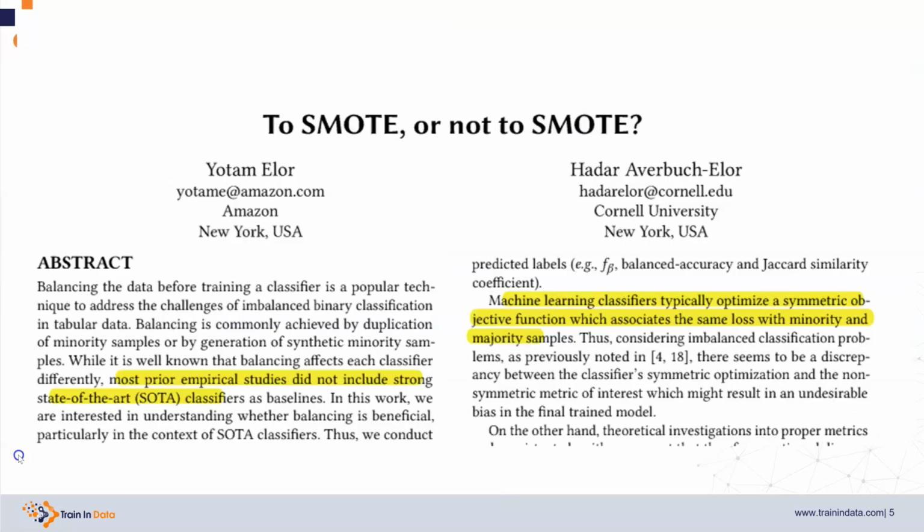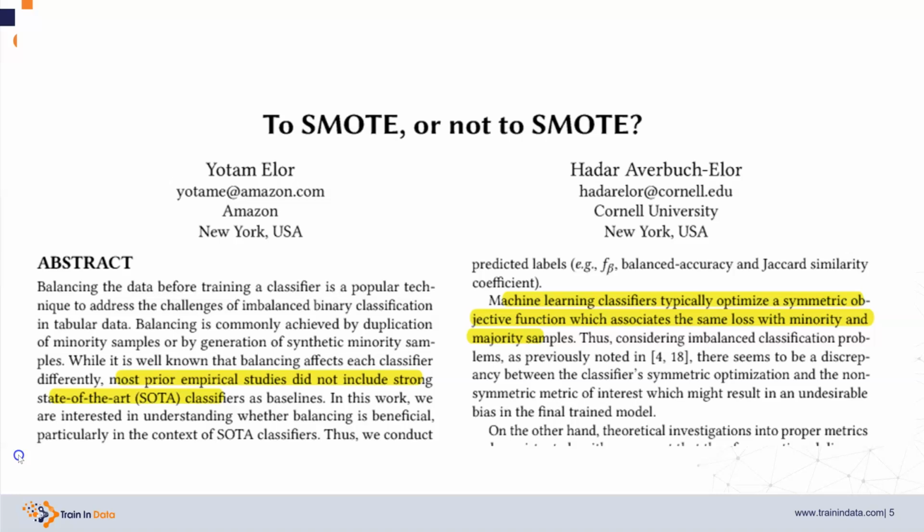Well, a few years ago, an article came up which was the first systematic review of the usability and the benefits of using SMOTE with imbalanced datasets. So these guys evaluated whether SMOTE improves the performance of various machine learning models across various datasets, optimizing various metrics. So to me, this is the first systematic approach that tries to answer the question of whether SMOTE works or it does not.